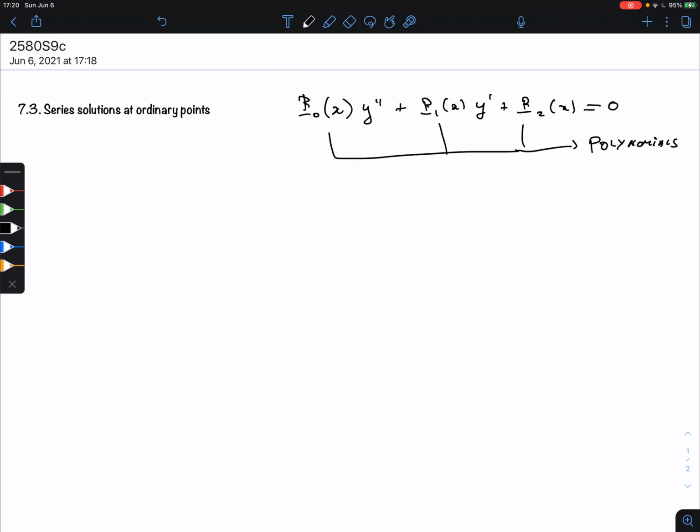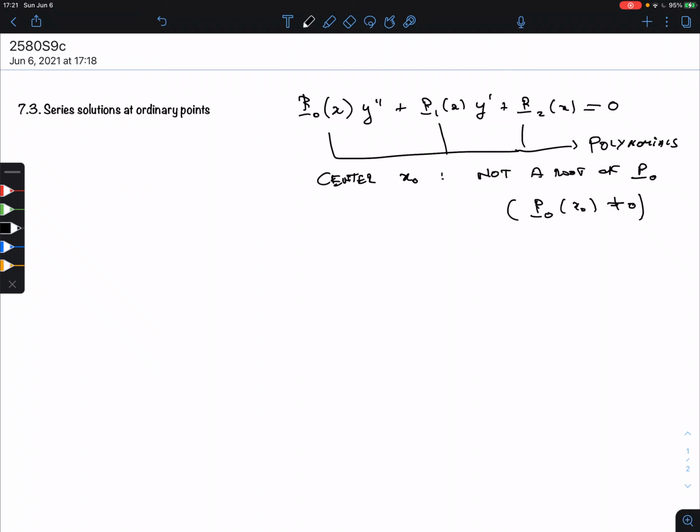And the main point is our center, x0, is not a root of the first one. That means that p0, x0 is not equal to 0. And we'll deal with that in the next session, when that would be the case.